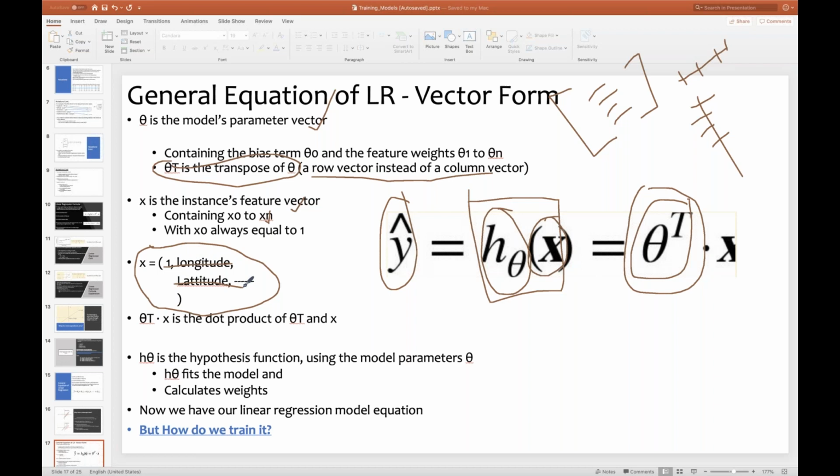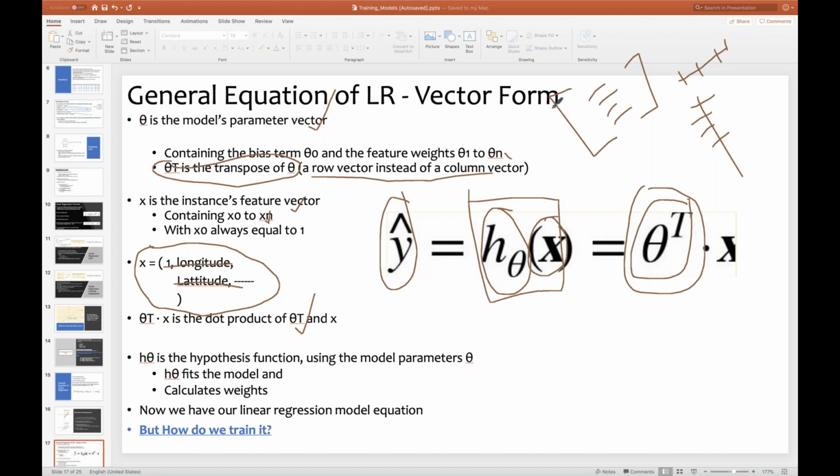Now, theta t dot x is the dot product of theta t and x. So, very simple. First, you understood theta is your model's parameter vector. And then you have a bias term theta 0 and the feature weights given as theta 1 to theta n.